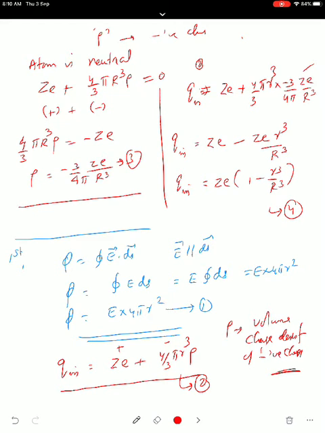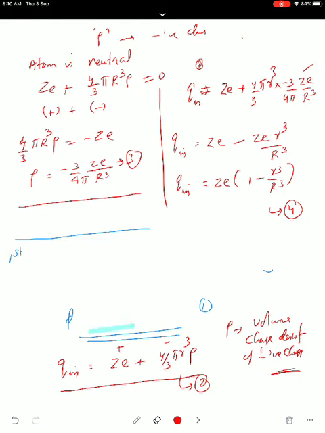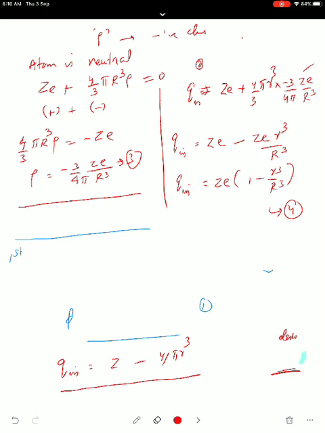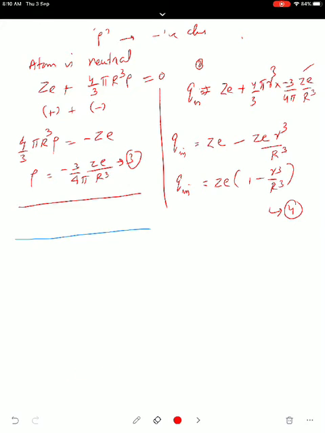Now use Gauss's theorem, the last point. By using Gauss's theorem, the flux is already calculated as E into 4 pi r square, so we use that equation finally. By Gauss's theorem, the flux, closed integral of E dot ds, equals 1 by epsilon 0 Q inside.